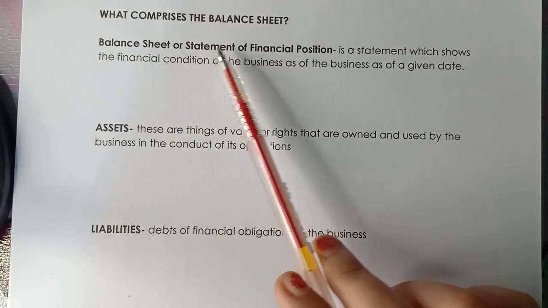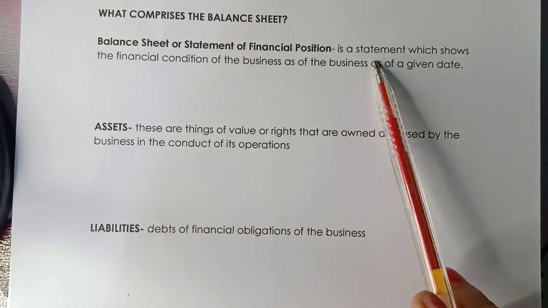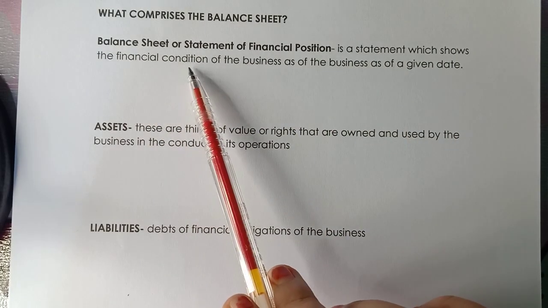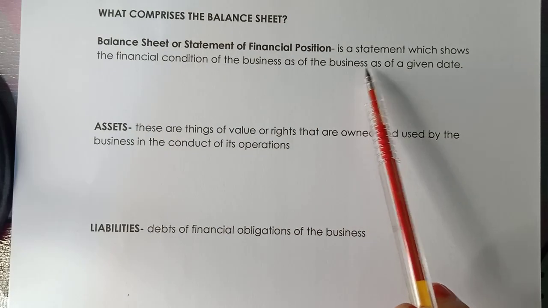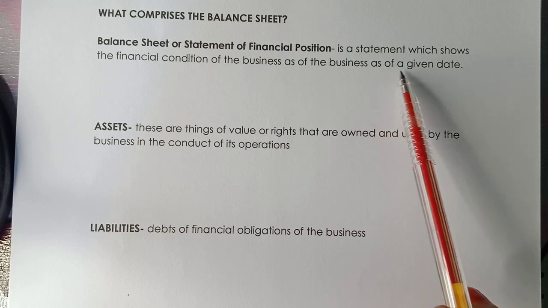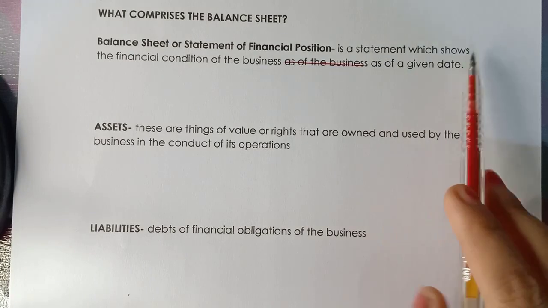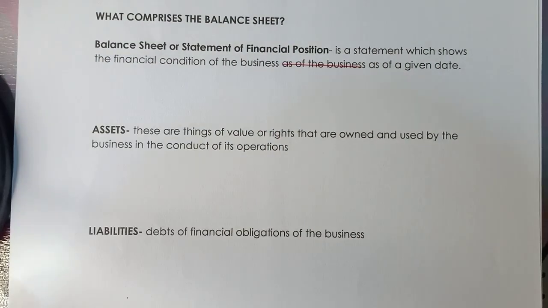So the balance sheet or statement of financial position is a statement which shows the financial condition of the business as of a given date.